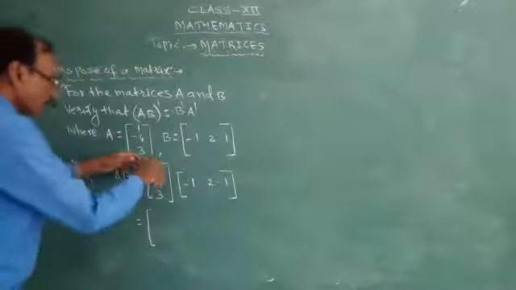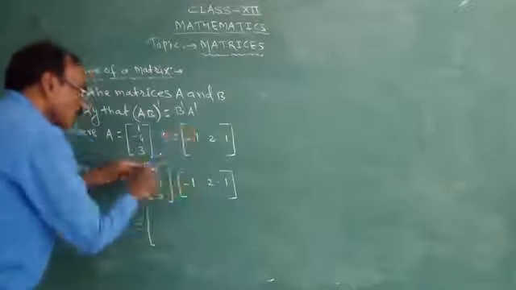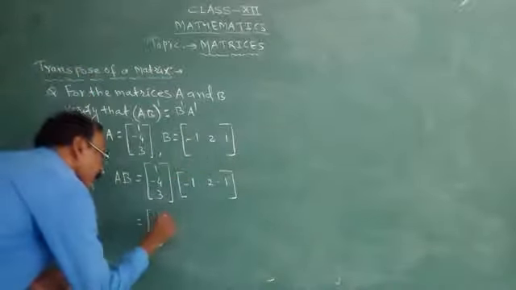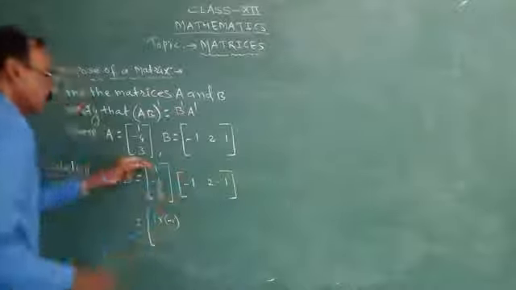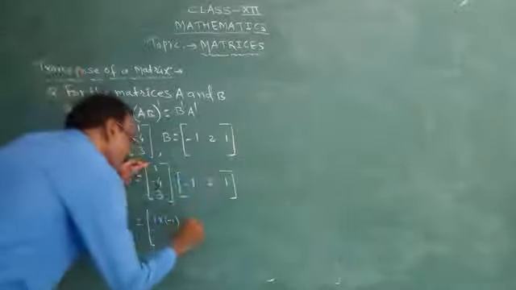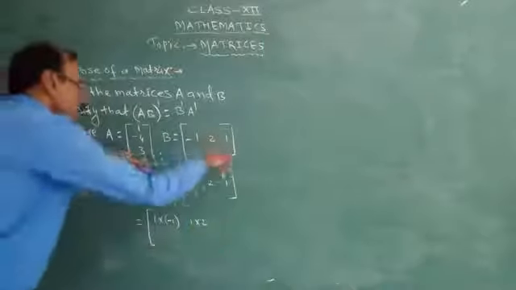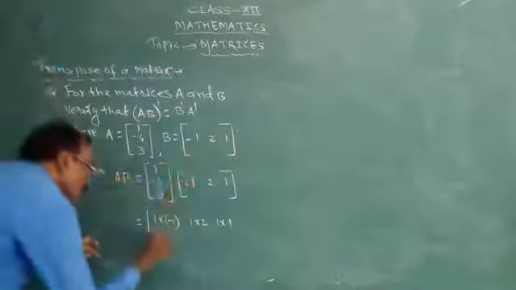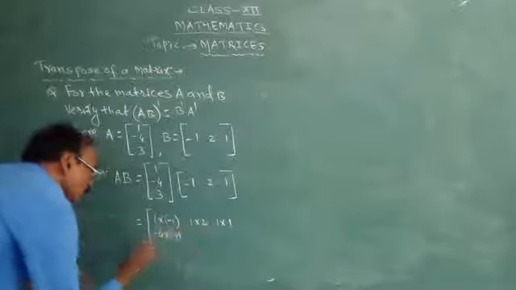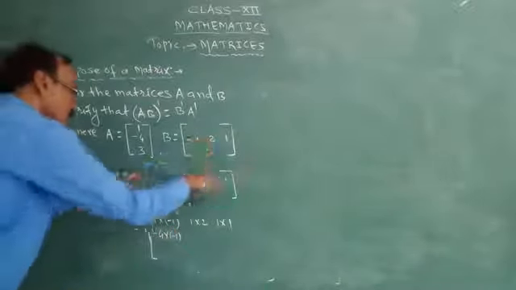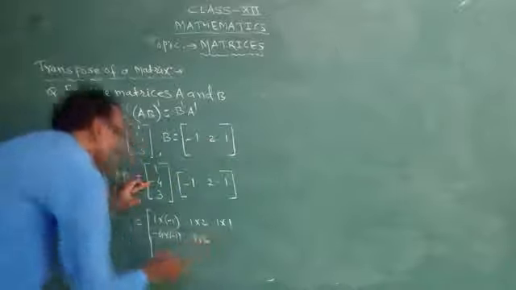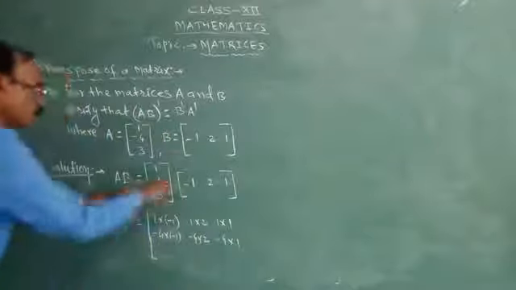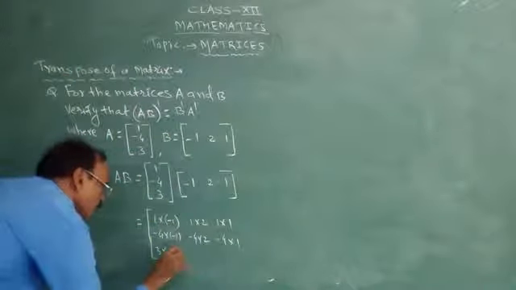First row, first column, 1 into minus 1. First row, second column, 1 into 2. First row, third column, 1 into 1. Second row, first column, minus 4 into minus 1. Second row, second column, minus 4 into 2. Minus 4 into 1. Then third row, first column, 3 into minus 1.